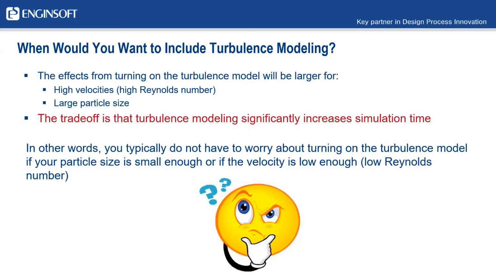Both of those can have significant differences in the accuracy of your simulations. Sometimes you're making that trade-off, trying to decide what is the most effective use of my simulation time. A lot of that is determined through experience. You have to play around with this a little bit and understand what the effects actually are.